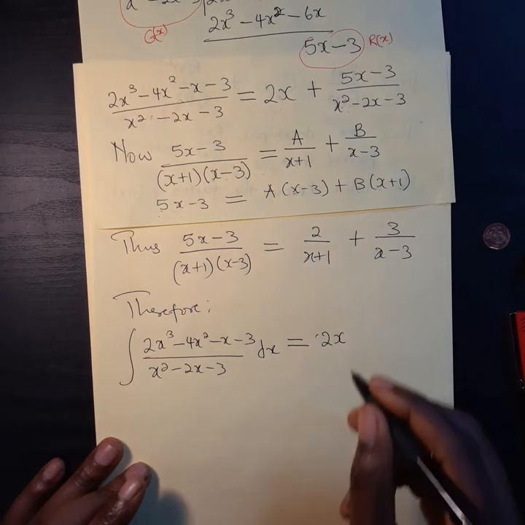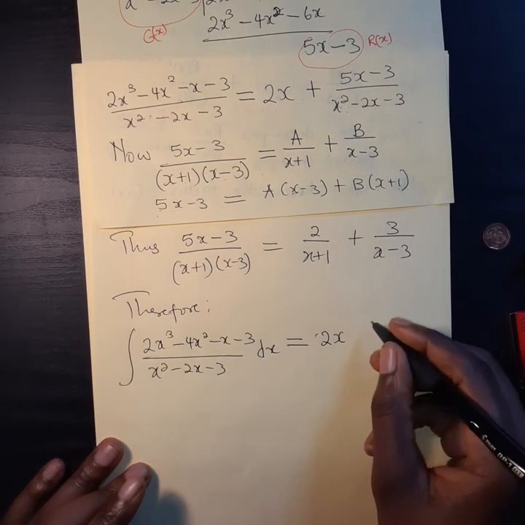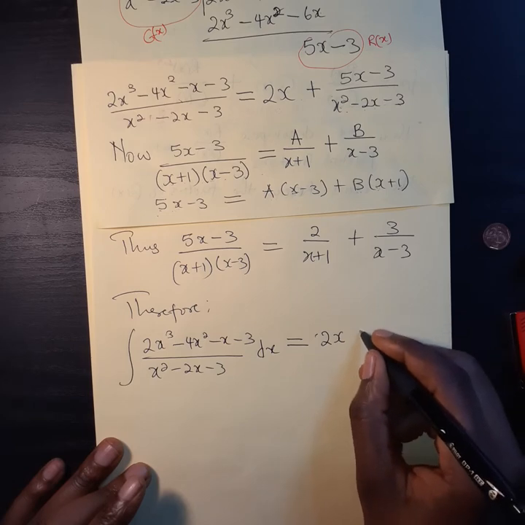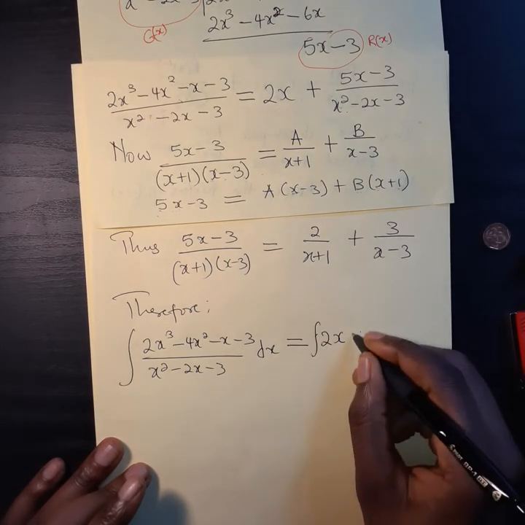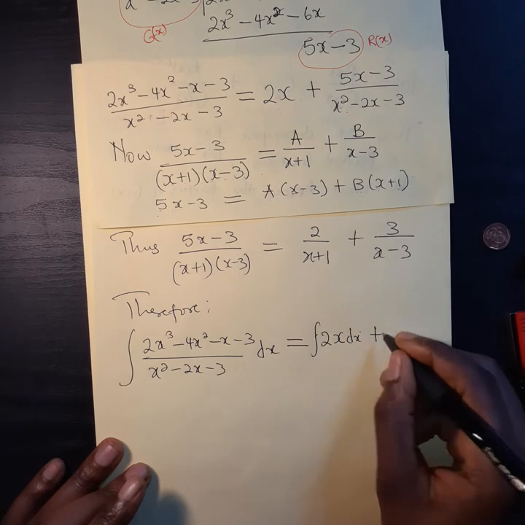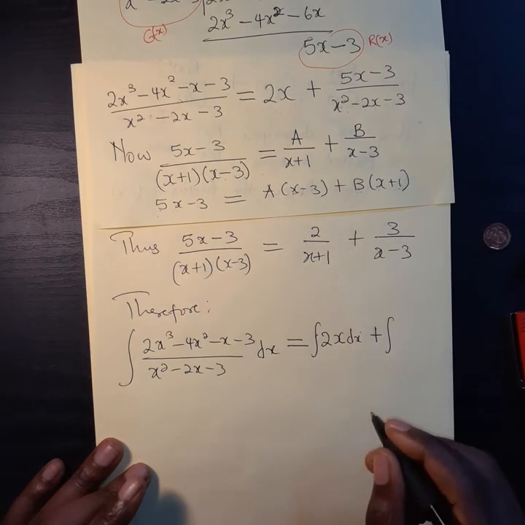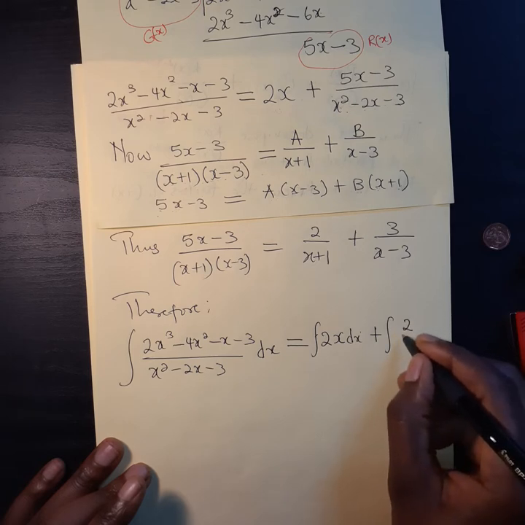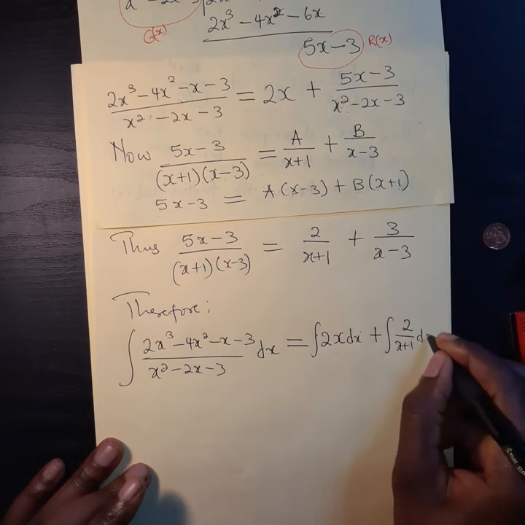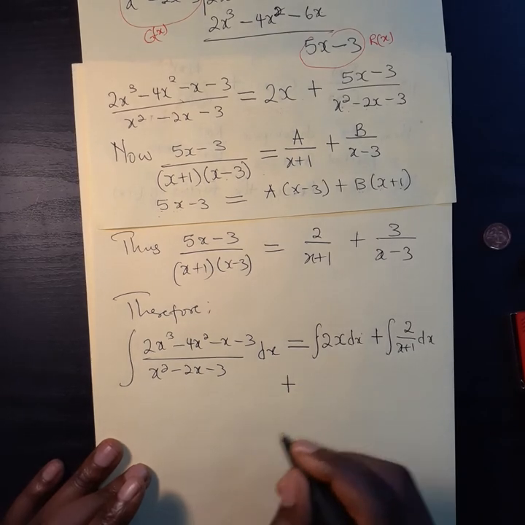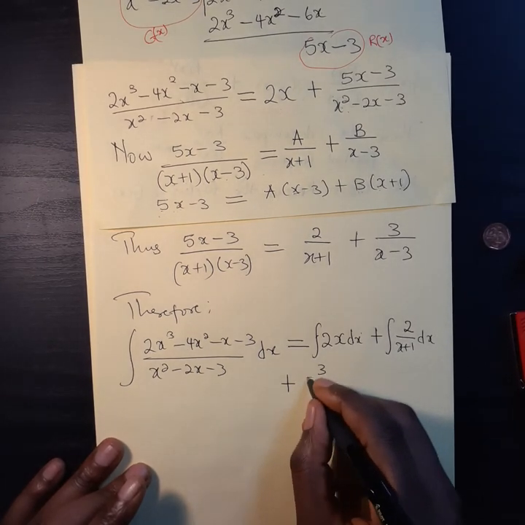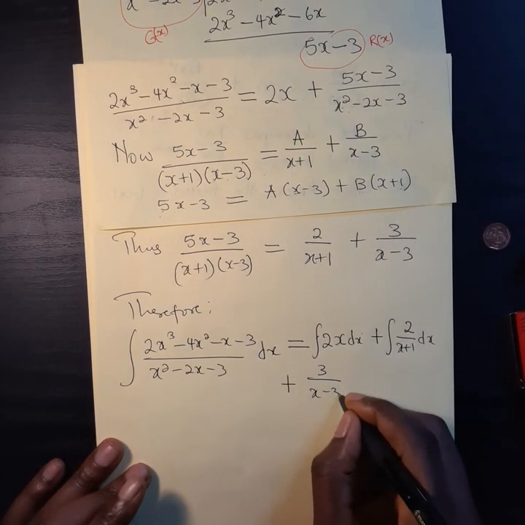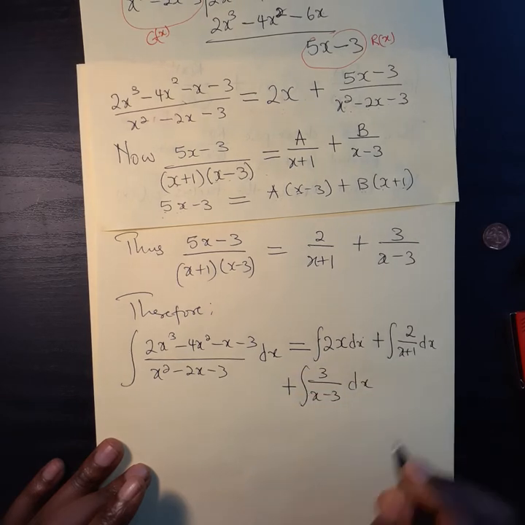You have 2x plus, it's like the integral of 2x dx plus the integral now of A, which is 2 over x plus 1 dx, plus the integral of B, which is 3 over x minus 3 dx, like that.